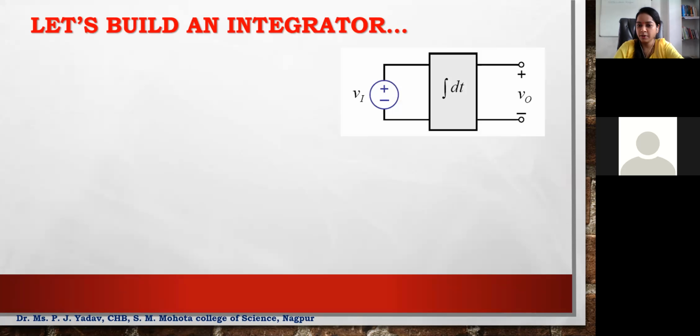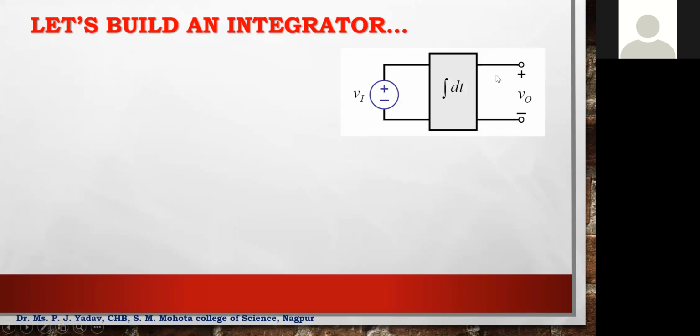This is the first picture of an electronic circuit, showing how the integrator will look. We will have a power supply, and then a circuitry which we have to define, the circuit for an integrator.